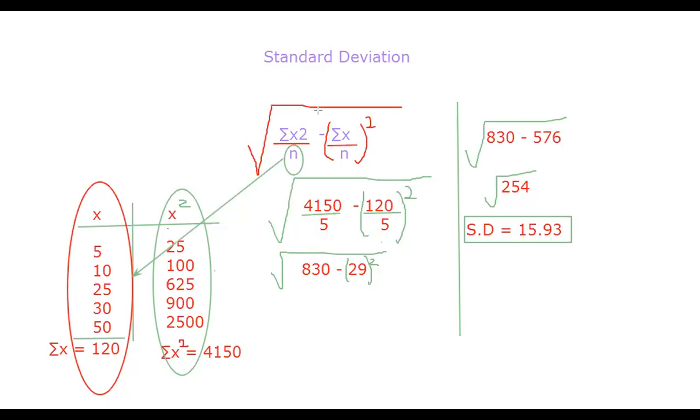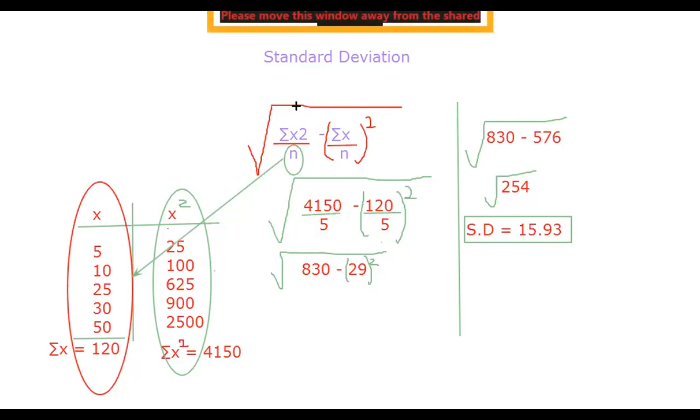The individual series formula is the square root of sigma x square by small n minus sigma x divided by n to the whole square. In this part we can mention x bar, which is equal to sigma x by n. I request you to follow this formula, and instead of x bar, we can straight away use sigma x by n.